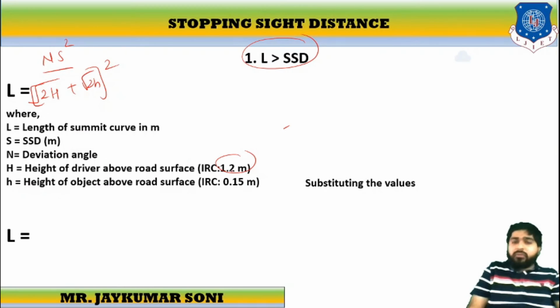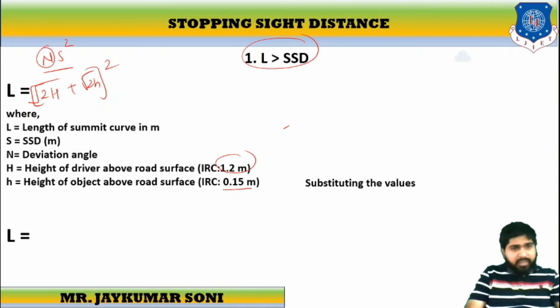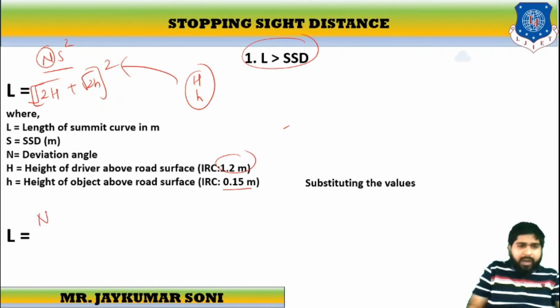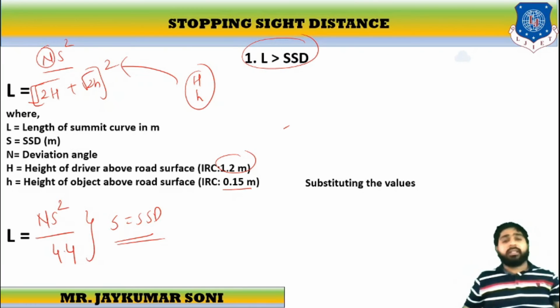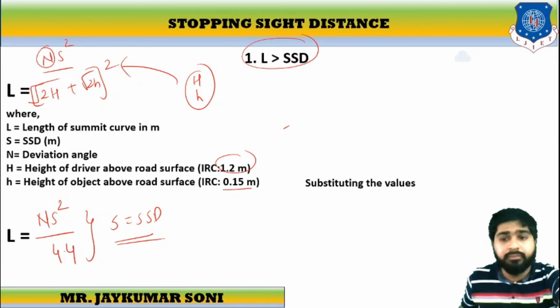Small h stands for 0.15 meters, and N stands for the deviation angle, that is the intersection angle. If we substitute the values of small h and capital H in this equation, we will get the final equation as L = N S square by 4.4, where S is the SSD. So this is how the first case can be understood.